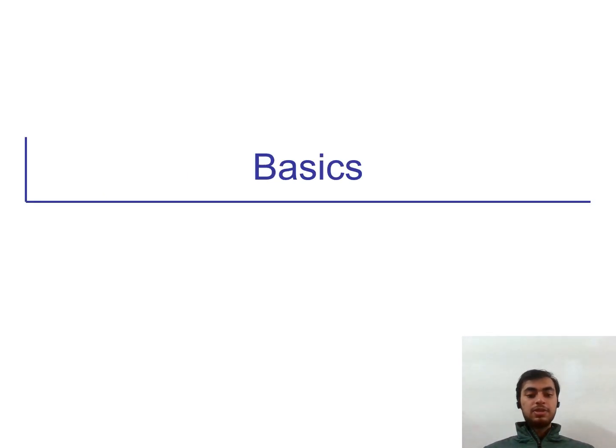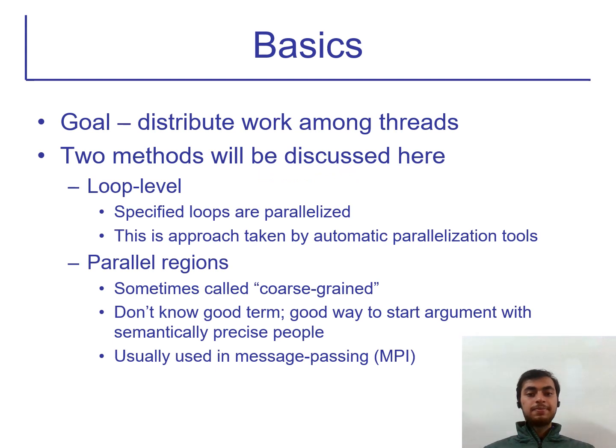Let's start with some basics of OpenMP. Goal: distribute work among threads. Two methods will be discussed here to distribute the work among threads. At loop level, specified loops are parallelized.